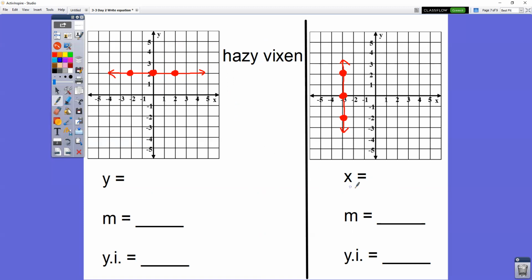Notice that in the horizontal one, we have a y equals, but in the vertical one, we have an x equals equation. So these are very different. Anytime that you have a horizontal and a vertical line, you want to remember hazy Vixen. Hazy, the H in hazy stands for horizontal.